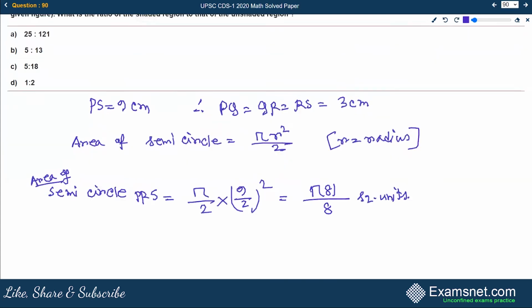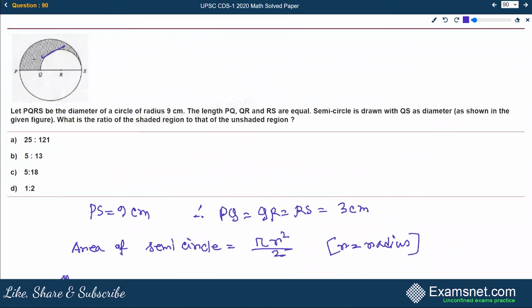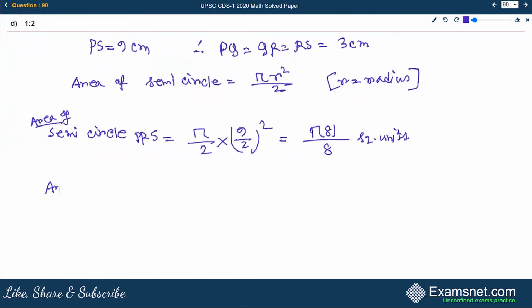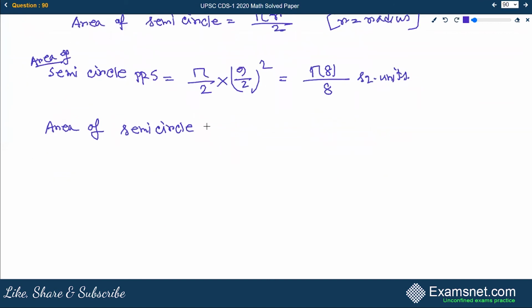Now the upper semicircular part is divided into two parts. One is shaded, one is non-shaded. So this non-shaded QR semicircle has a radius of 3 centimeter. Let's find the area of semicircle QRS, that is pi by 2.